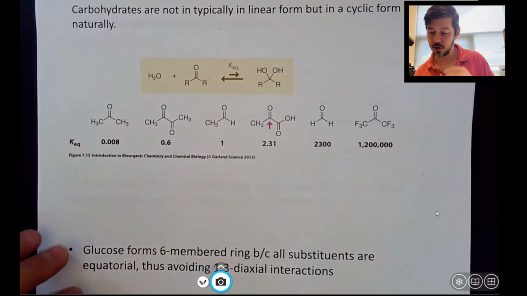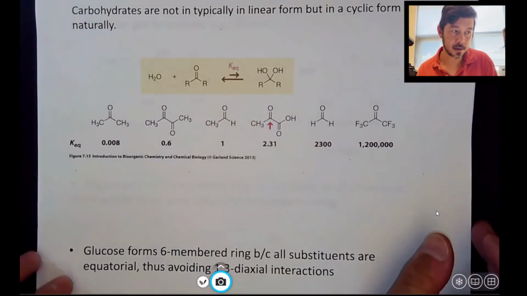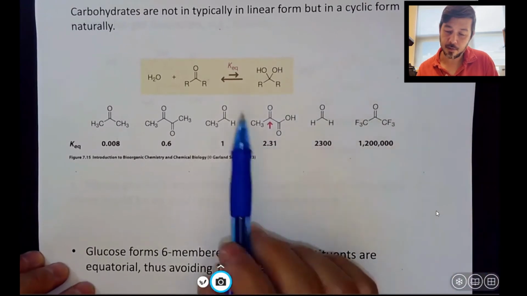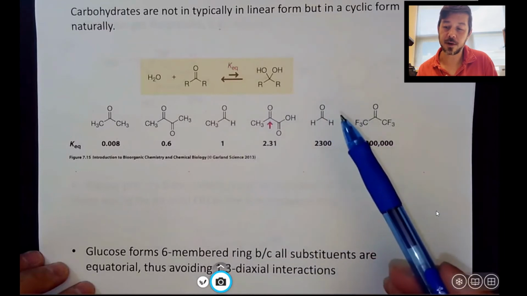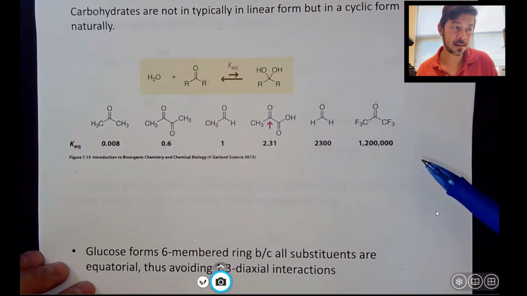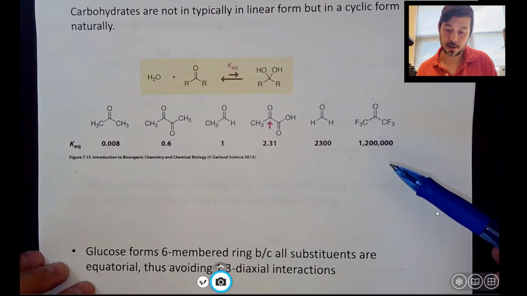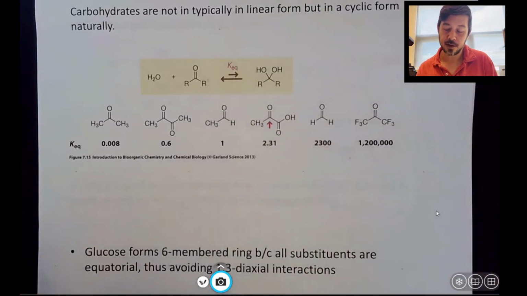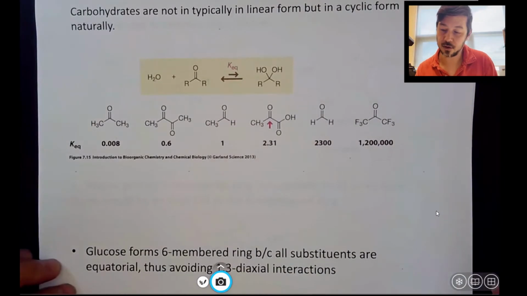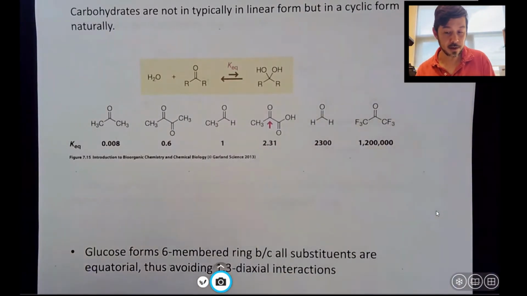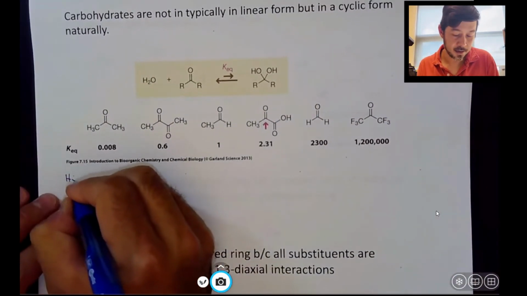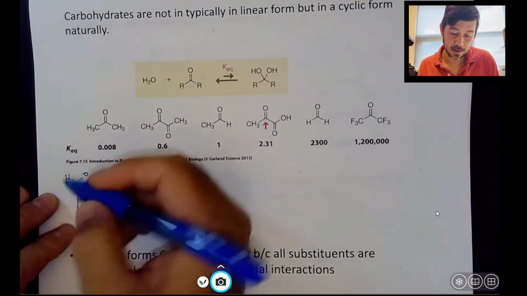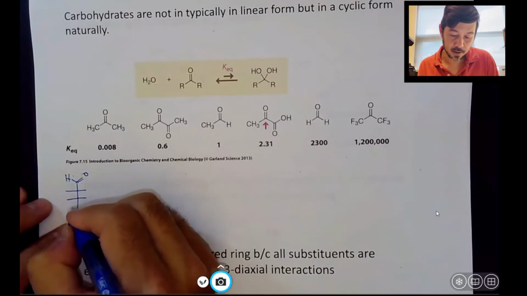Some other things about sugars, and I'll probably come back to this slide in a little bit, is that carbohydrates are typically not observed in their linear form, but often form in cyclic forms naturally. Okay, so we've seen that chart where you can have 4, 5, 6, you could even have 7 carbon containing sugars, and they're all drawn in a linear form. However, naturally, what tends to happen is that you have a sugar, and I'll just draw glucose here.